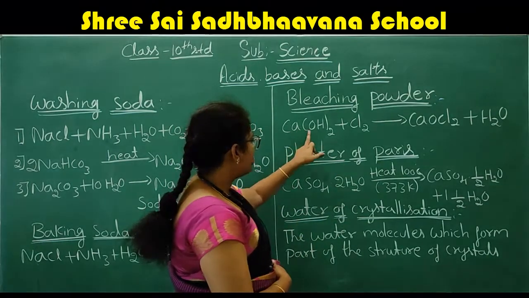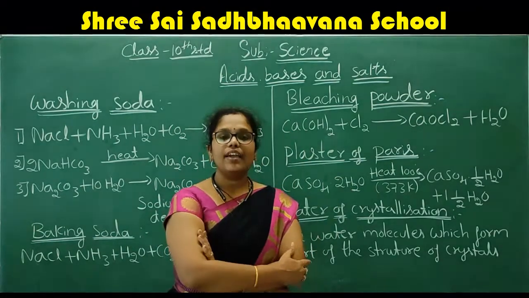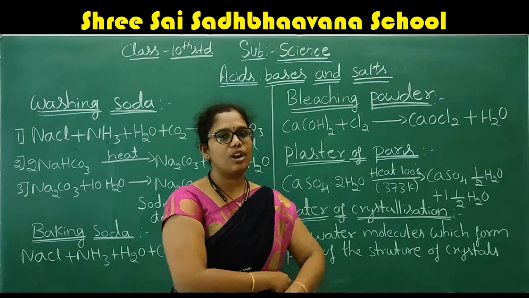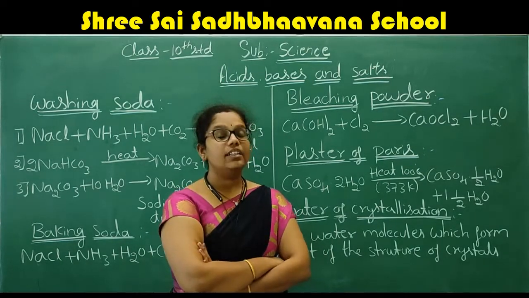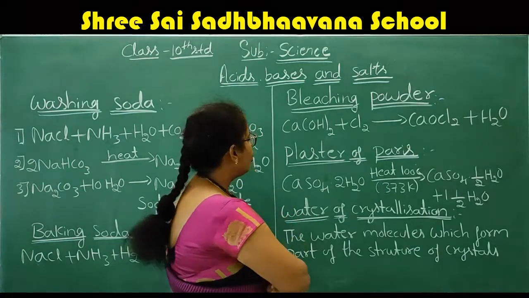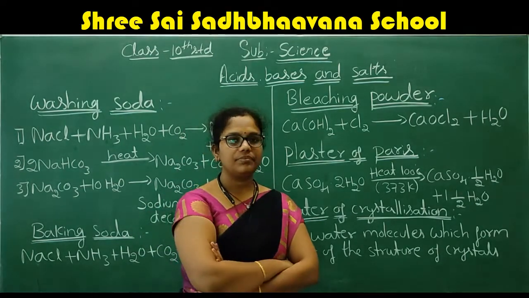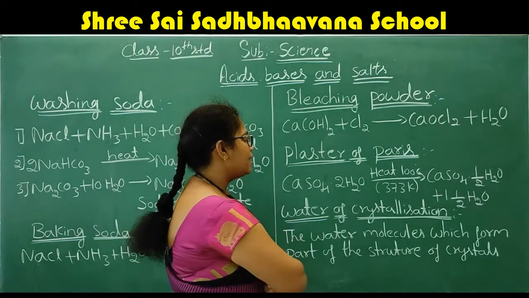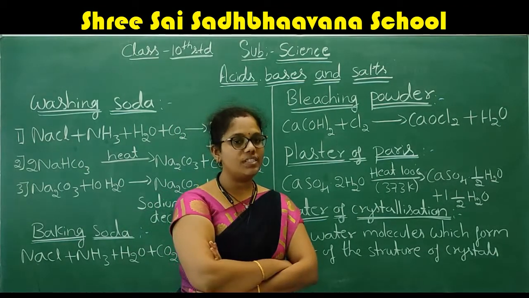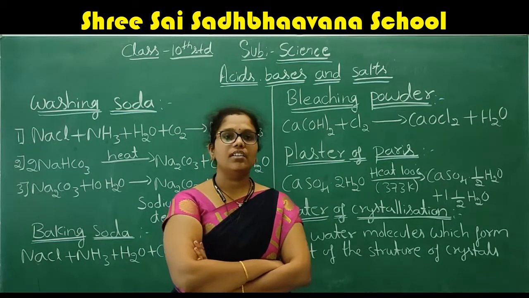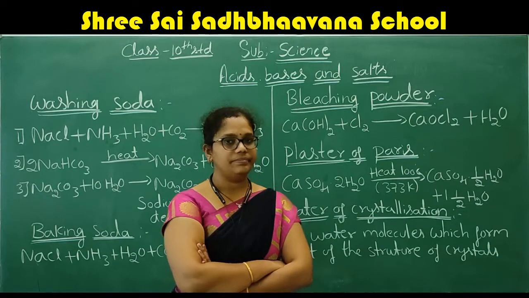When calcium hydroxide, Ca(OH)2, is reacted with chlorine, it forms calcium oxychloride. The formula of calcium hydroxide is Ca(OH)2. That is the bleaching powder.